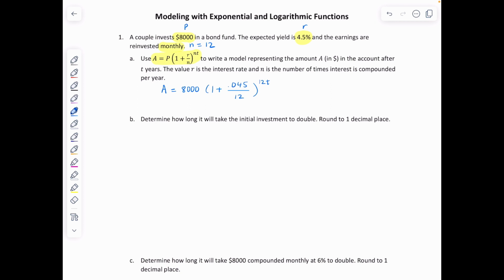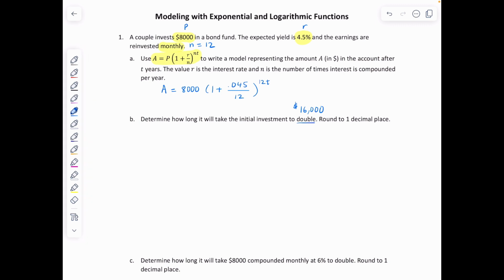Okay, now that we have the model, we are going to try to do part B and C. Determine how long it'll take the initial investment to double. Right now the initial investment is 8,000. Double means 8,000 times 2, which is going to be 16,000. And we want to round the answer to 1 decimal place.